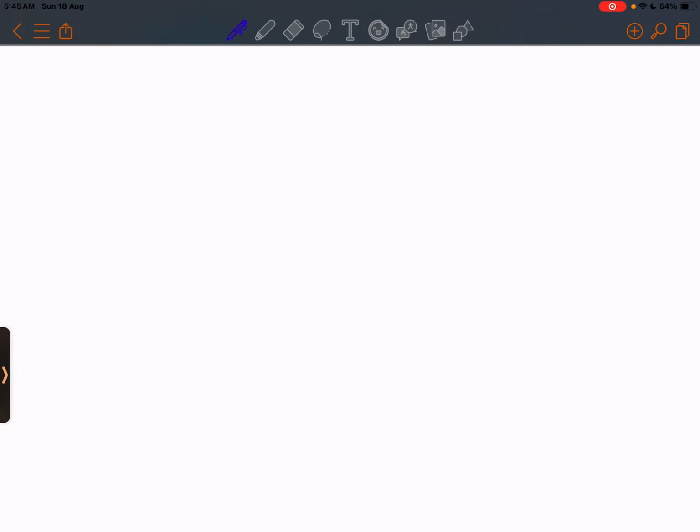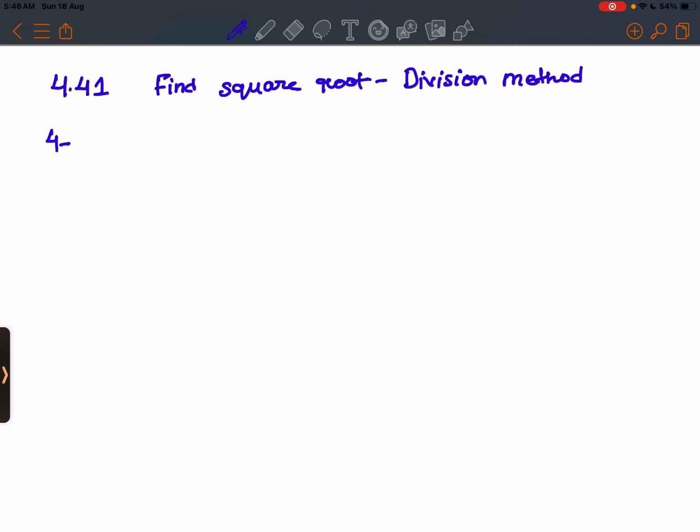We randomly take a digit like 4.41. We have to find the square root by the division method. So 4 is the integral part, 0.41 is the decimal part.